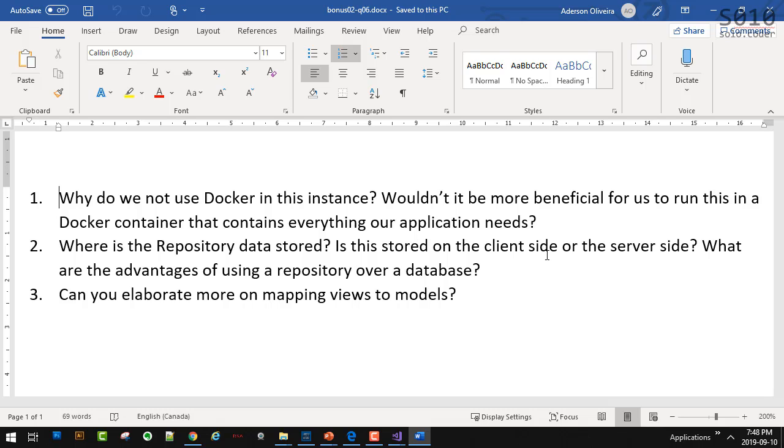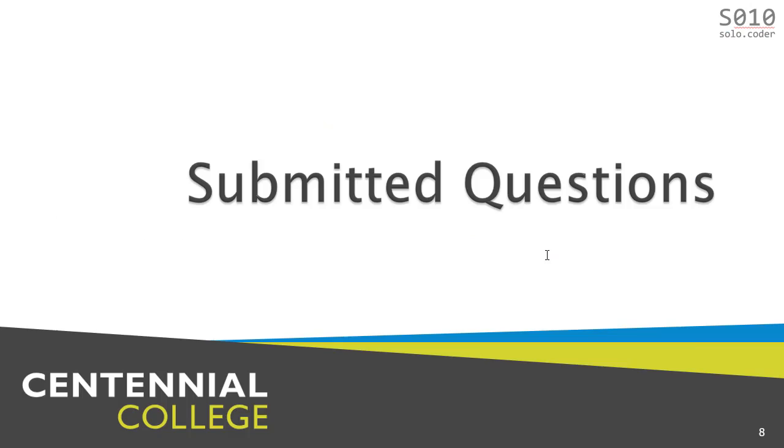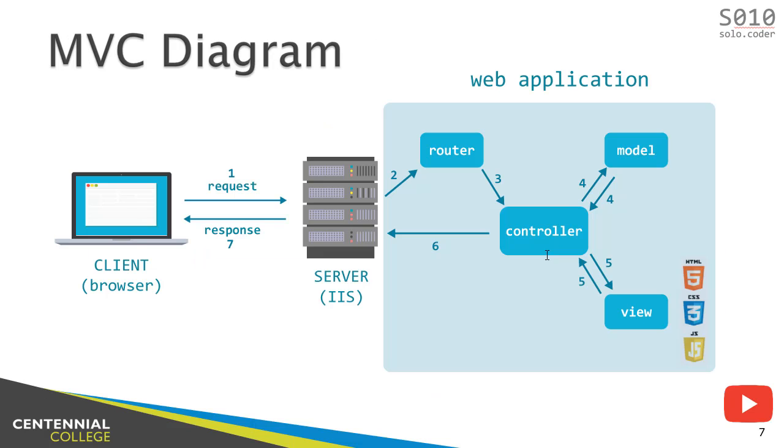Can you elaborate more on mapping views to models? Well, okay, so let's have a look at that. I'm just going to bring back this diagram here. What happened really, and I'll show the code in a second, is that they don't interact directly.